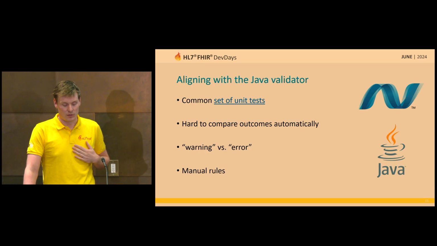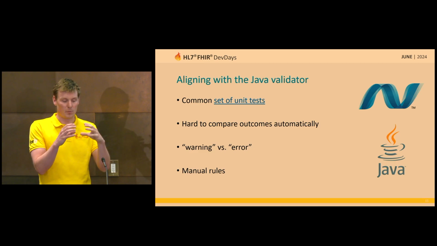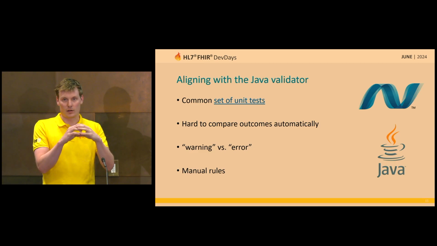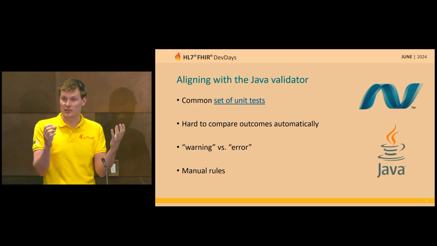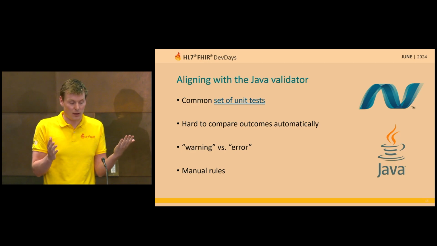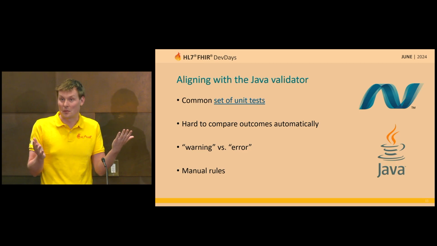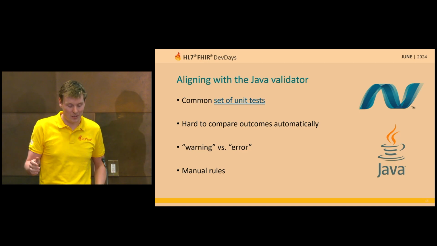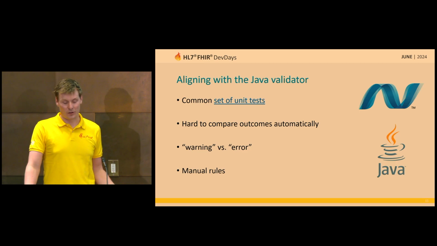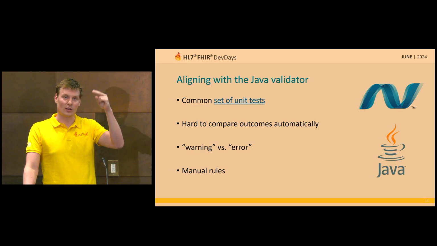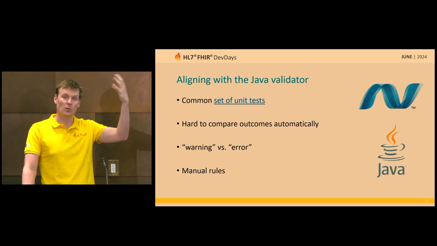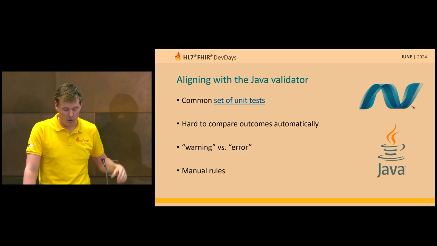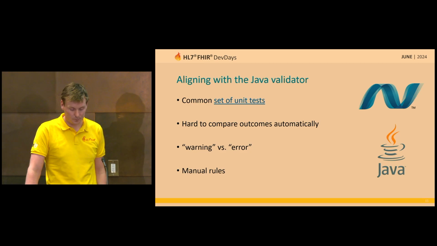But you can't really compare whatever outcome text you have, because the Java validator could have written a different sentence, probably. It's hard to align those, or have specific logic to do it, or to handle producing more errors or more warnings on the same element.